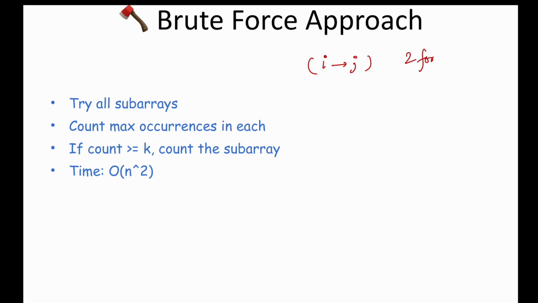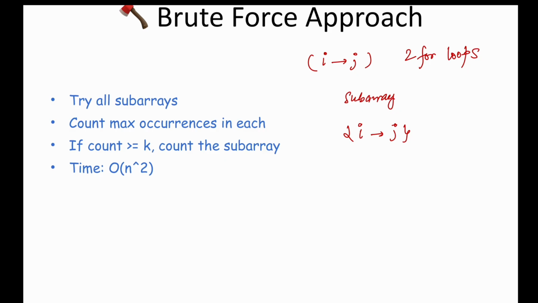We'll be using 2 for loops and we'll be making a subarray from element i to j, including both indices, and we try to find if in that subarray the occurrence of the max element is greater than or equal to k, then we include it in the answer, otherwise we exclude it. So the time complexity is big O of n square. We are taking 2 for loops.